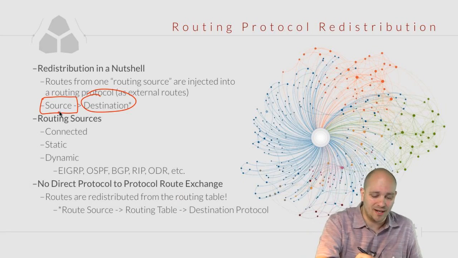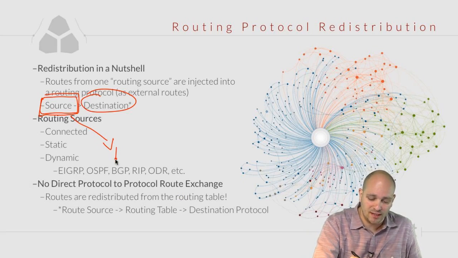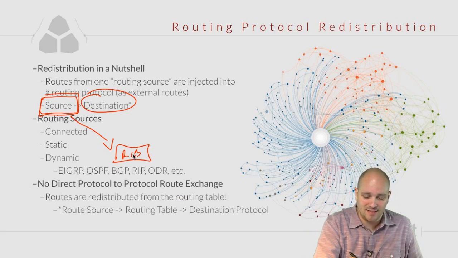What you need to make sure is that these routes that you are looking at were actually installed in the routing table by this source protocol.